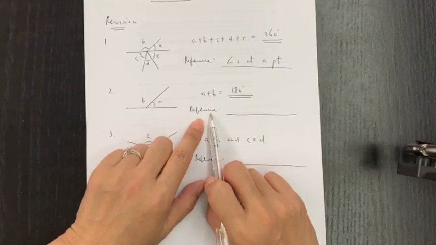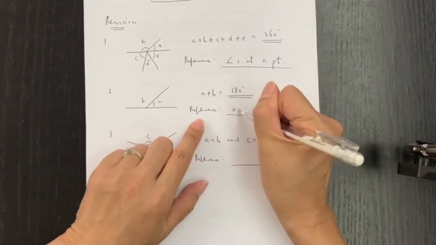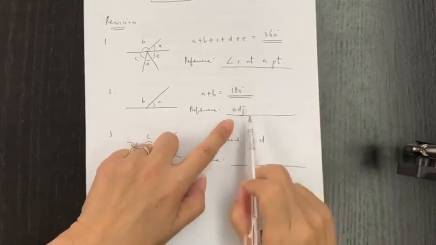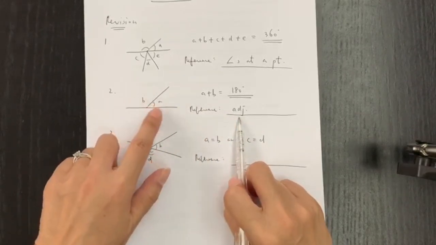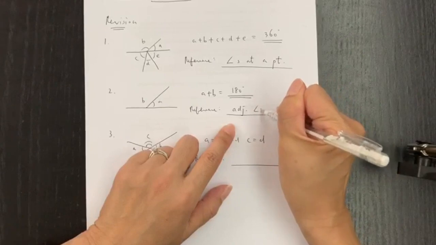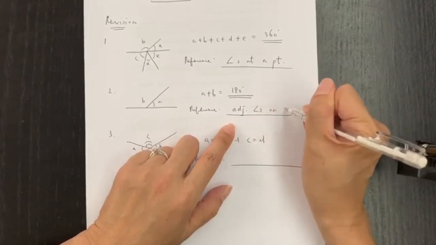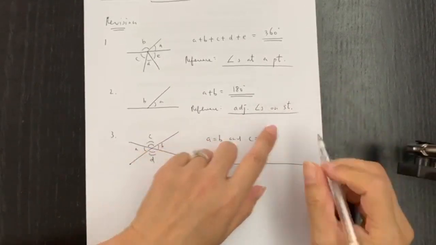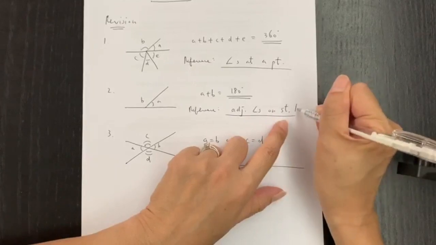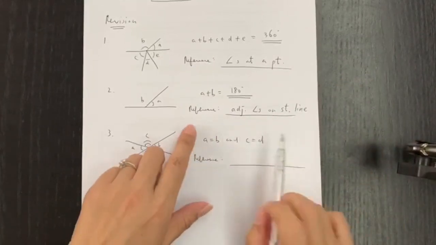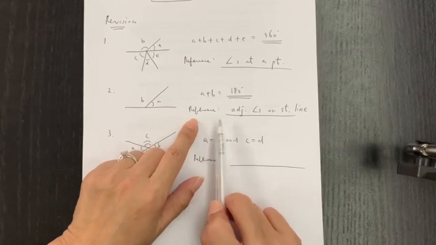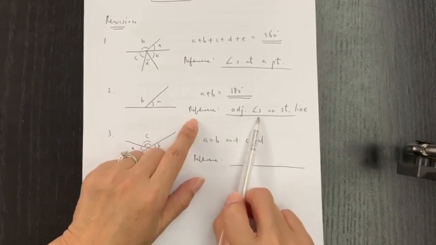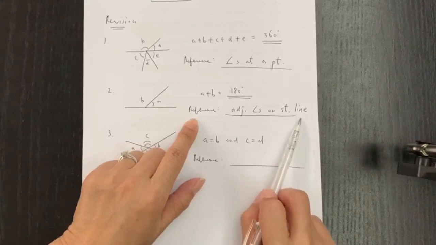ADJ dots stands for adjacent, which means they are next to each other. Angles, there are 2 on. ST dots means straight, and then we have line here. So the whole name of the reason is adjacent angles on straight line.